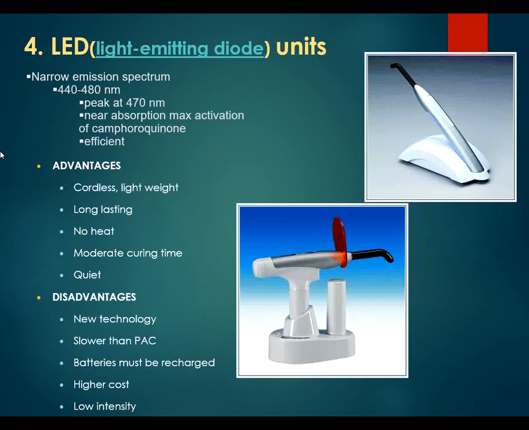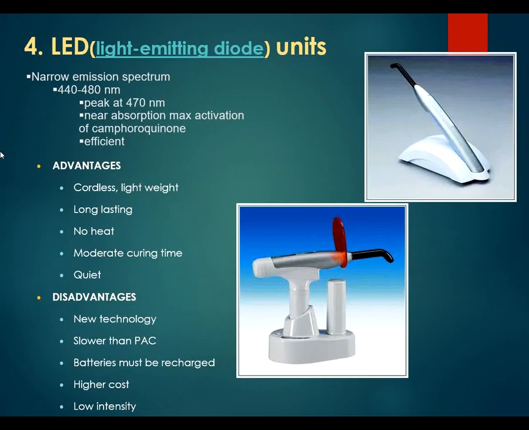Next are the LED units, which are the most widely used units nowadays. It has a narrow emission spectrum, 440 to 480 nanometer, peak at 470 nanometer, near absorption maximum activation of camphoquinone. It is very efficient. Advantages are cordless, lightweight, long lasting, no heat production, moderate curing time and quiet.